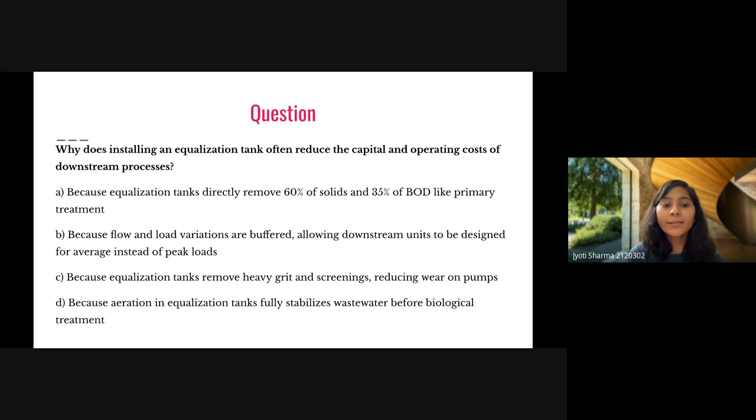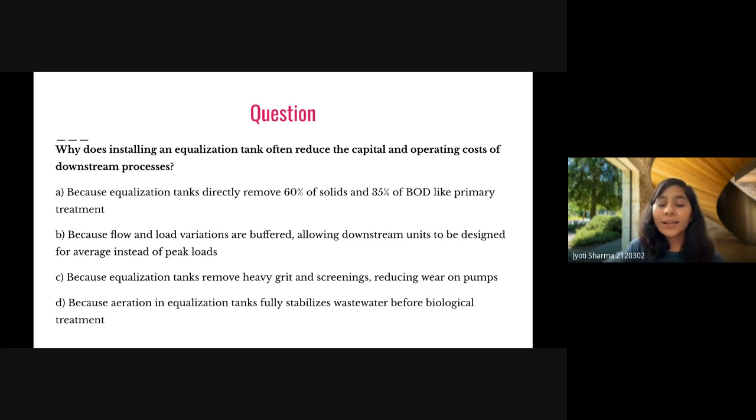Why does installing an equalization tank often reduce the capital and operating cost of downstream processes? Why is it very important for us to reduce the capital and operating cost of the further processes?